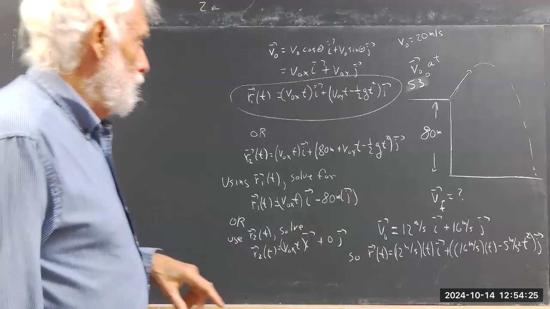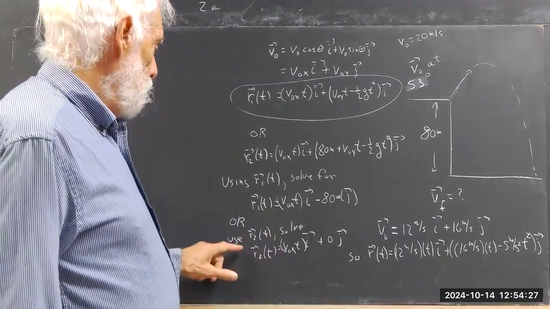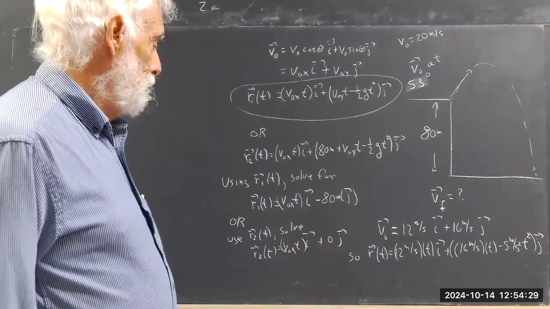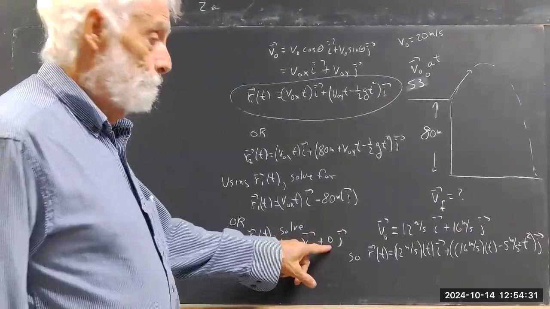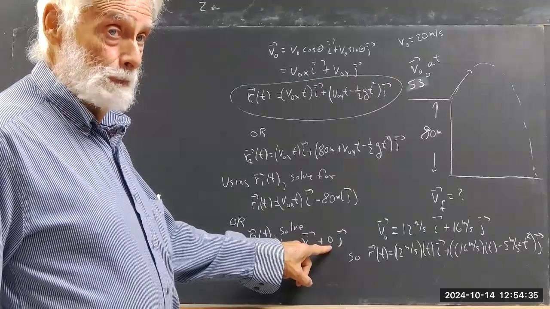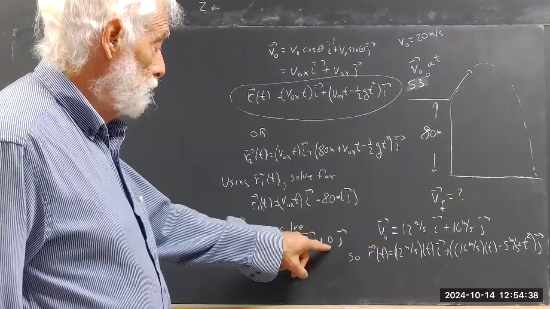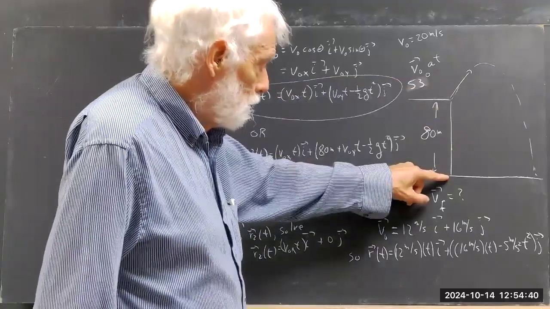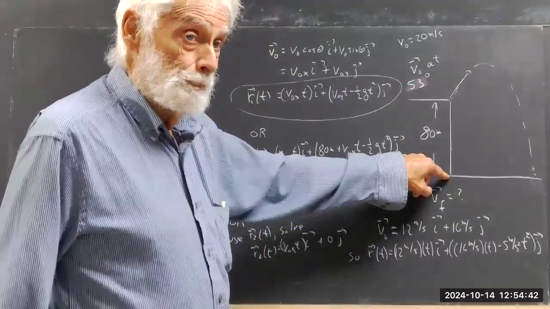But for this equation, you want to solve for when this position is 0. Okay, because again, when I put the 80 meters into here, I'm assuming an initial position down here.